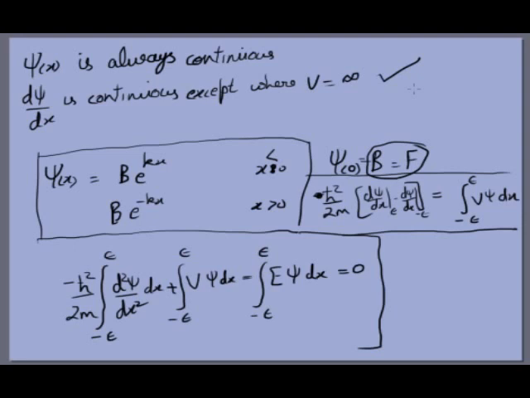However, when V is infinite, we can actually find the value of this term, and that will be equal to the integral from -ε to ε of -α δ(x) ψ(x) dx. And what will that come out to be? It is basically -αψ(0).